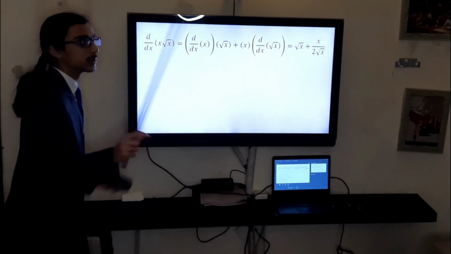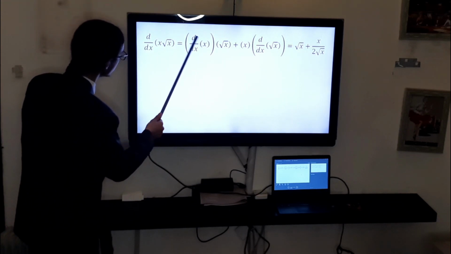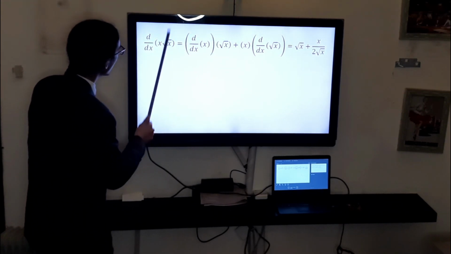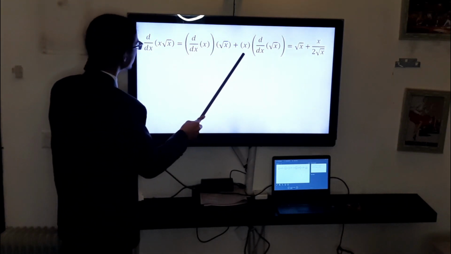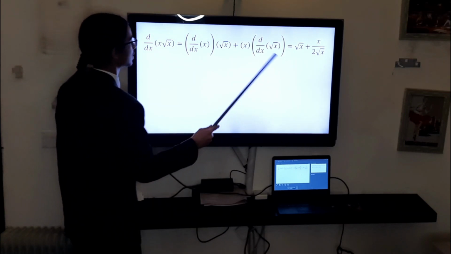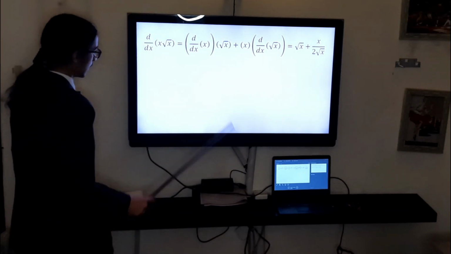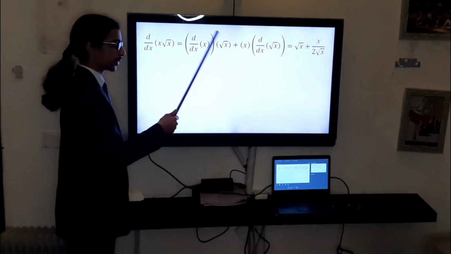Okay, so using the product rule to differentiate this, we're going to take the derivative of the first function, so d by dx of x. We're going to multiply it by the second function, square root of x, right? Now you're going to add just the first function, x, and we're going to multiply it by the derivative of the second function, d by dx of root x. Now, the derivative of x is just 1, so this first term becomes root x, right?